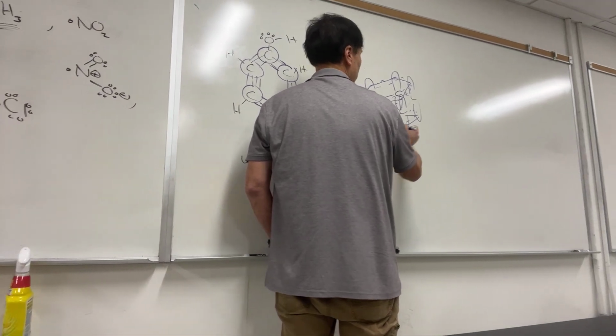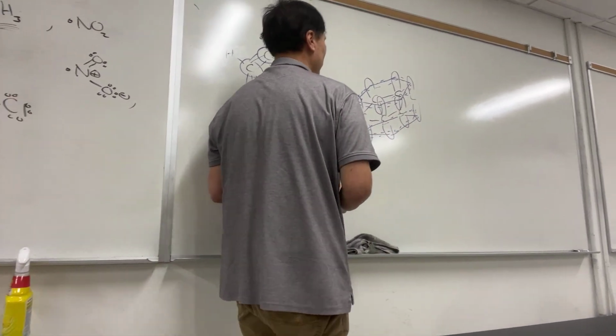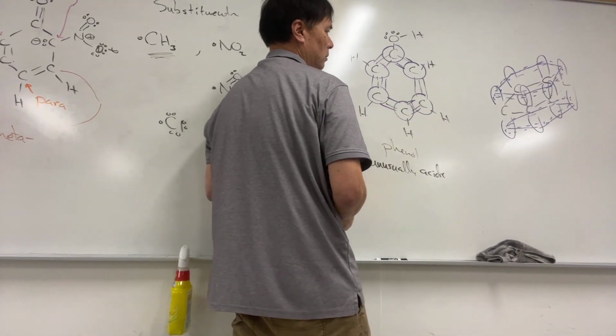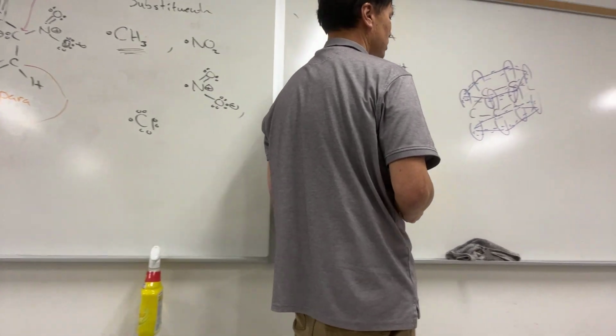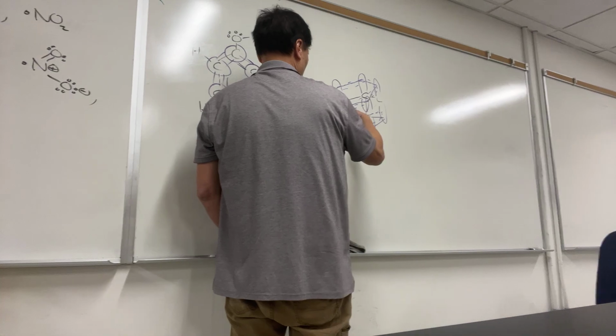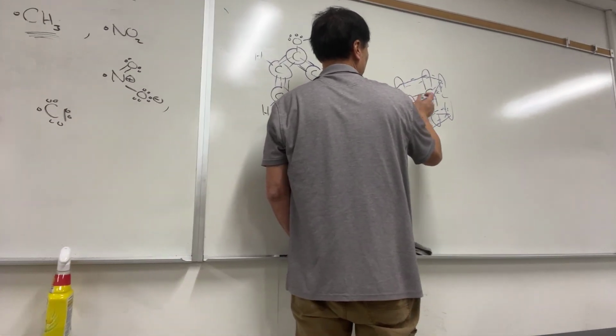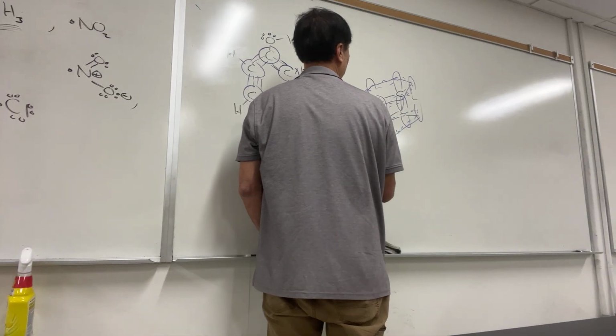So this is what we get when we have alternating single, double, single bonds. We'll have a total delocalization of the pi electrons over the entire conjugated pi bonding network.